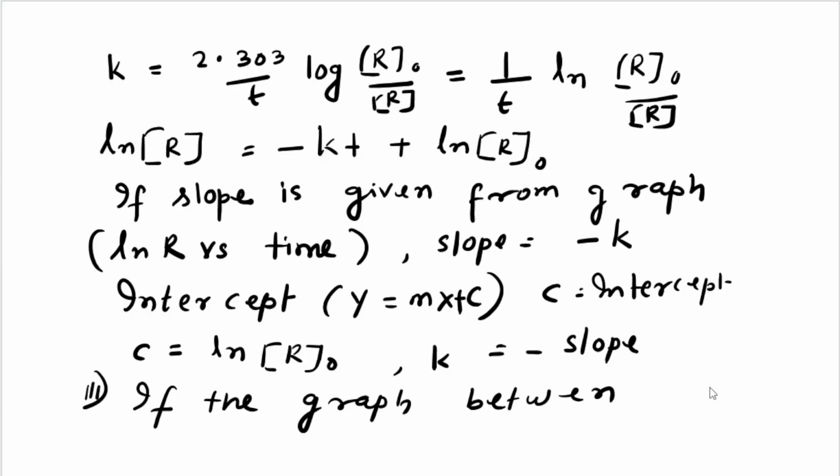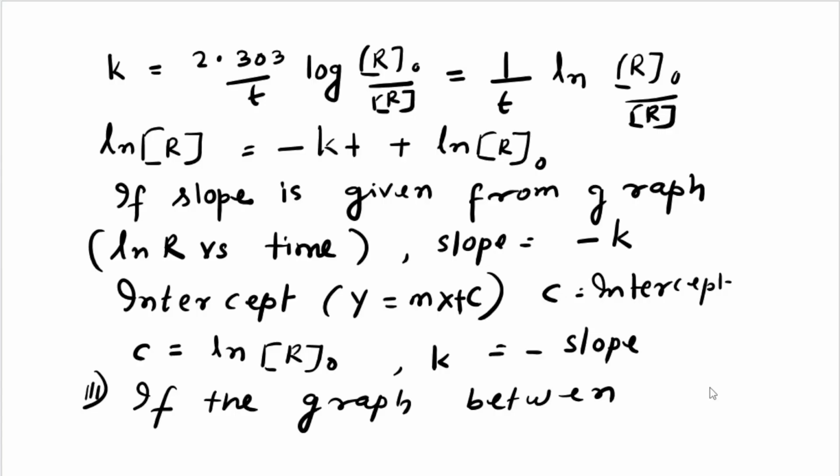If you explain that equation, what is the meaning? ln [R] = -kt + ln [R]0. It is the equation y = mx + c, where the intercept is c.